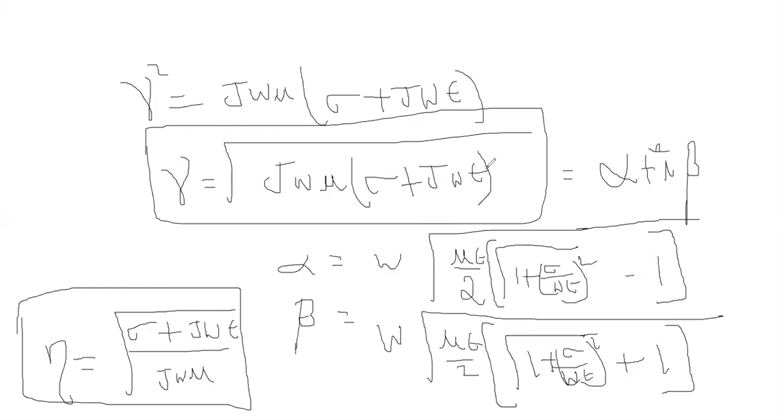There is no j omega epsilon term; the dielectric constant is negligible. Suppose it is a dielectric, the conductivity is 0. If it is a perfect dielectric, epsilon is there and sigma is ignored, or sigma is equal to 0. And for a perfect conductor, sigma is there and epsilon is assumed to be 0.